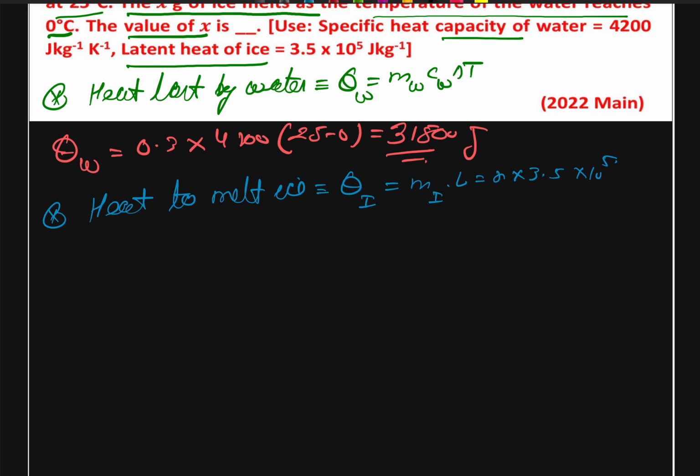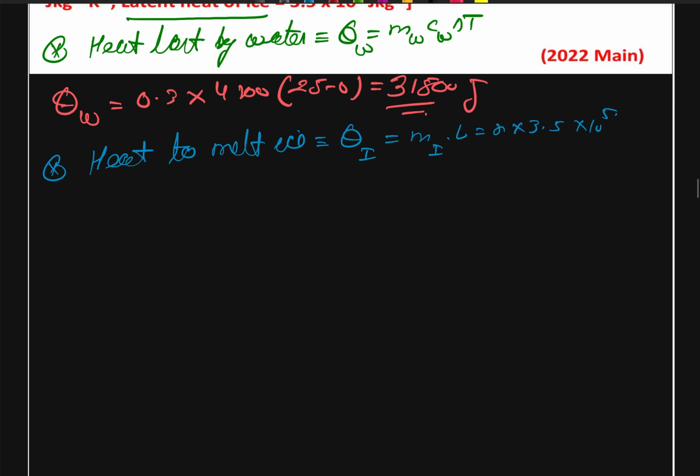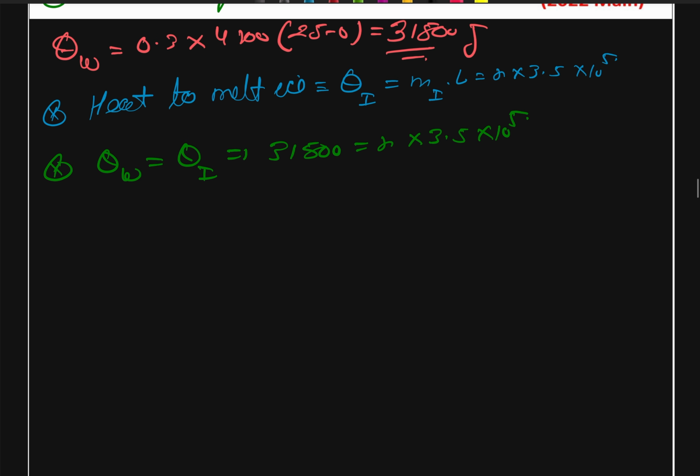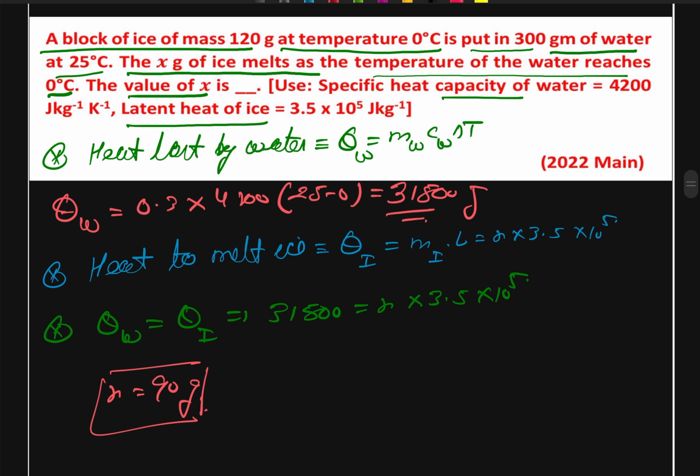Now the heat gained will be equal to the heat lost. Therefore, Q of W is equal to Q of ice, which gives us 31500 is equal to x times 3.5 into 10 to the power 5. Therefore, we get that x will be equal to 90 grams. So the value of x is 90.